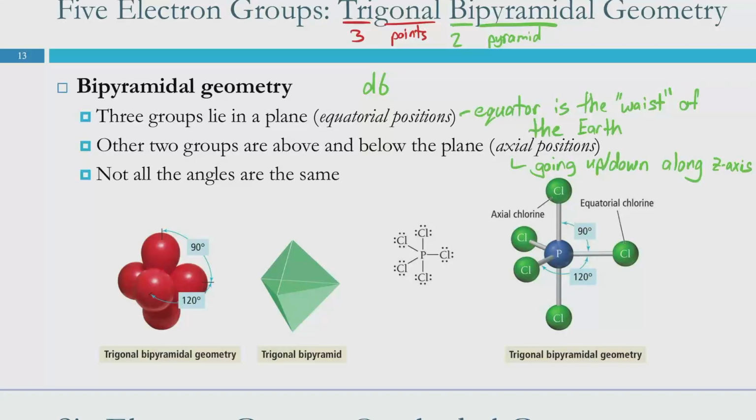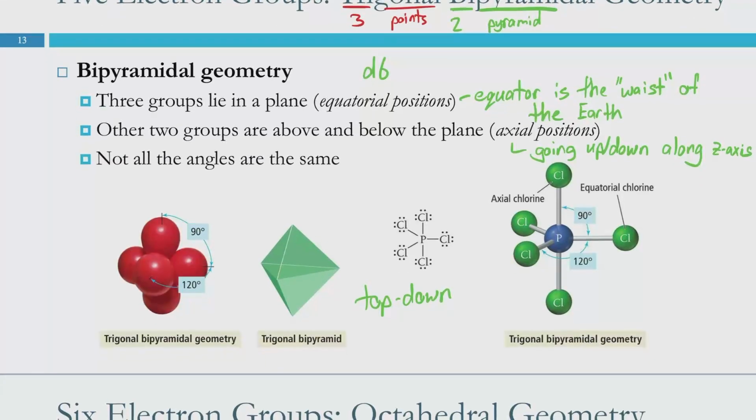And our angles are not all the same in trigonal bipyramidal, so that can also add a layer of complexity. So our equatorial positions are spaced out from each other. Our top-down view is going to look like this.